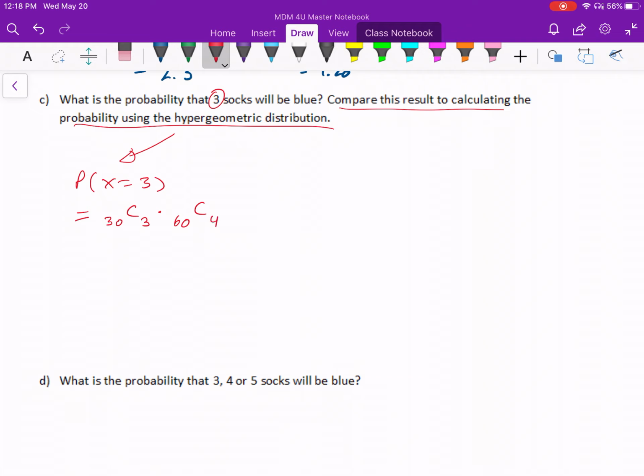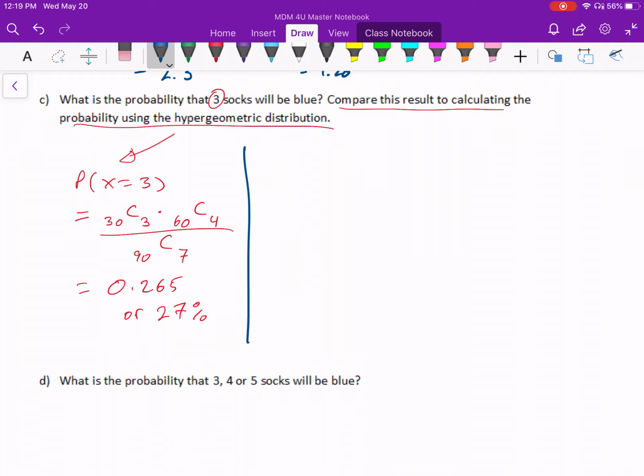And remember, we wanted to get 7 altogether, or 7 trials. And we put that over 90 total population, choose 7 total number of trials. Really, it's a quick calculation. Type that in and you'll be done in a few seconds, 0.265, or approximately 27%.